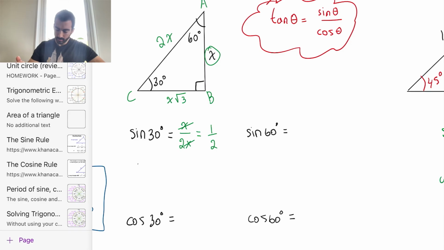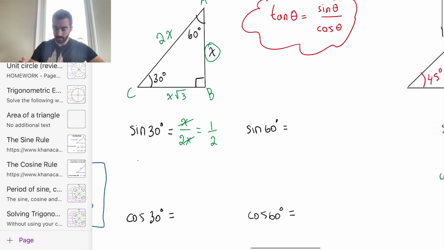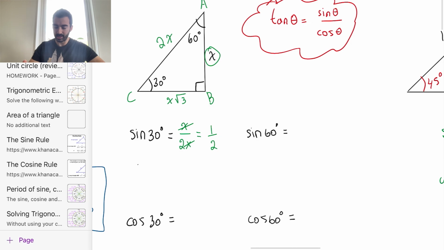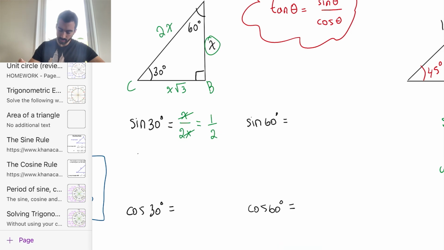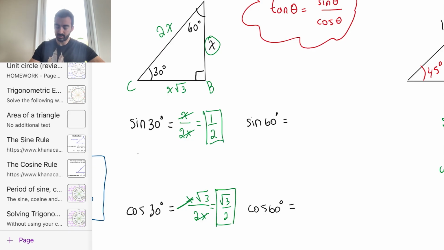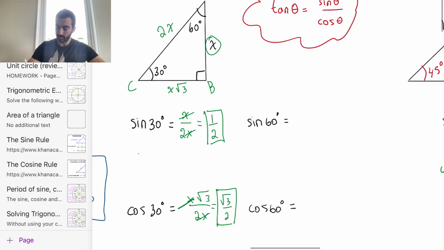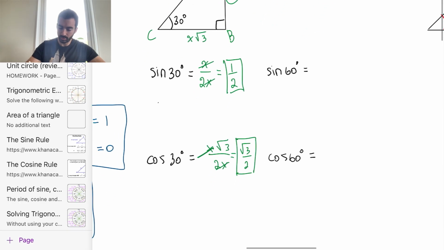Now, cos of 30, which is adjacent over hypotenuse, is going to be x root 3 divided by 2x, which is the hypotenuse. If I simplify this, I cancel out the x's, and I am left with root 3 over 2. Sine 60, which is the opposite over hypotenuse, which is x root 3.